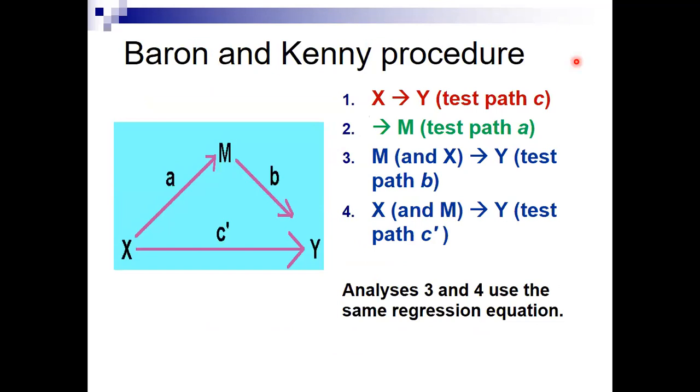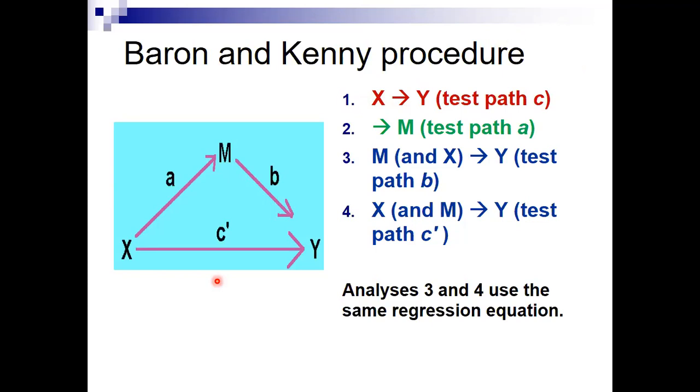Although it is simplistic and sometimes not too realistic in real-life settings, its significance is in its simplicity and in its importance when demonstrating what we mean by mediation and how we test it. So here the steps are: first you start with X on Y, you test path C.